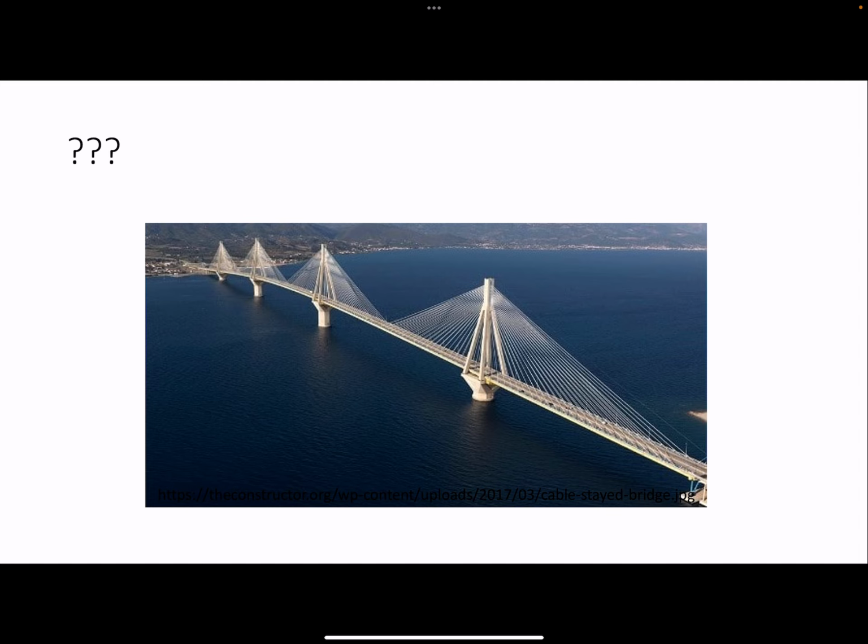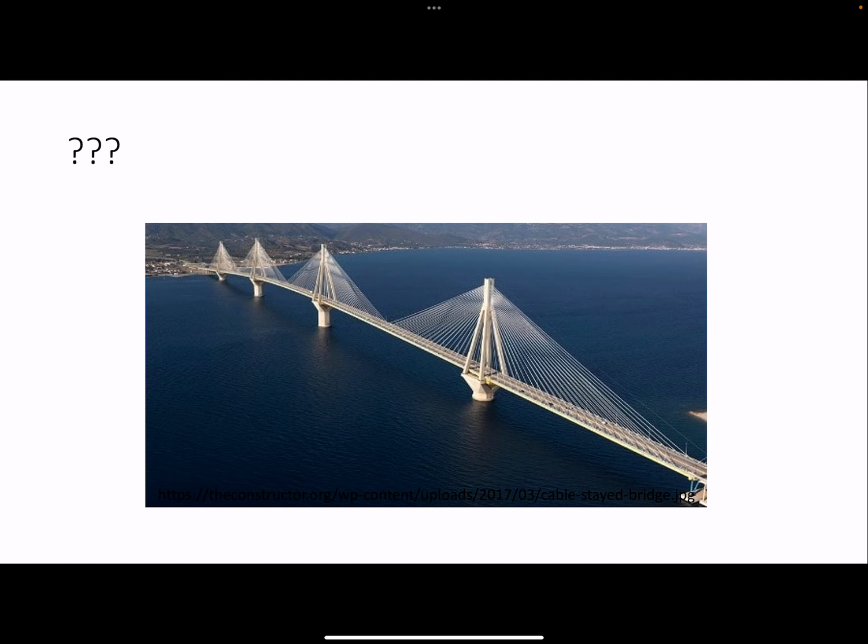So this is an assembly of what elements? What would you identify in this bridge? Yep, cable. What else? Ties. Ties and cables are synonymous. Girders. Beams.